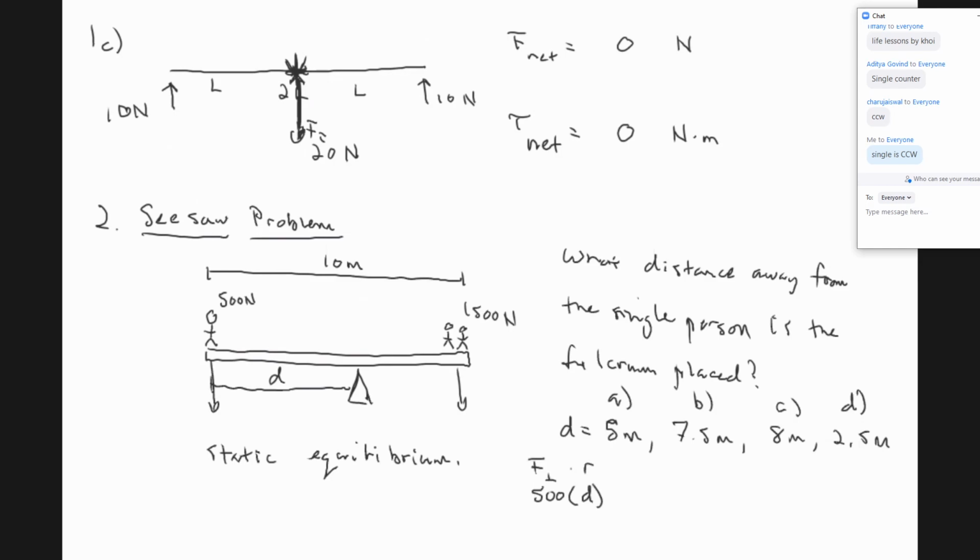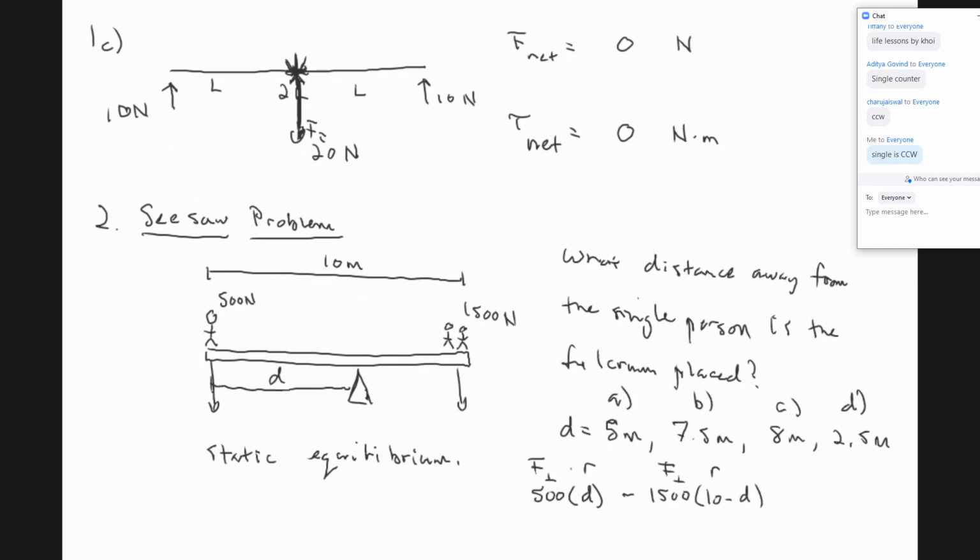That means the couple is clockwise. Not saying that being a couple is bad. They're just negative in this case. So minus 1500 times the distance here, which is 10 minus D. Perpendicular force times lever arm.